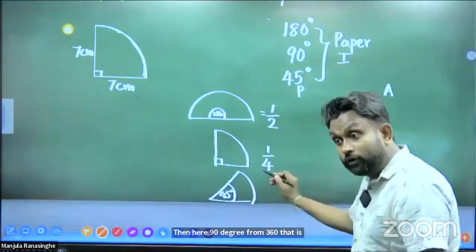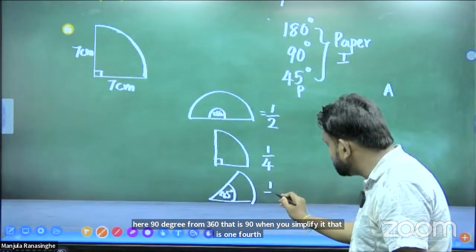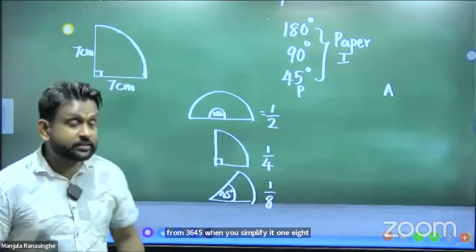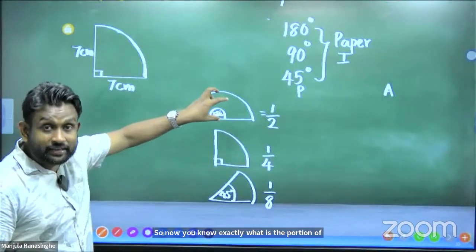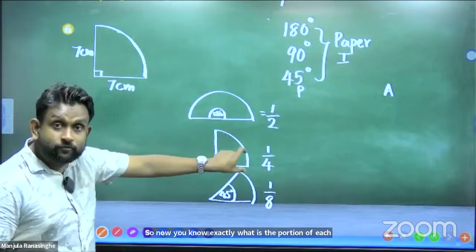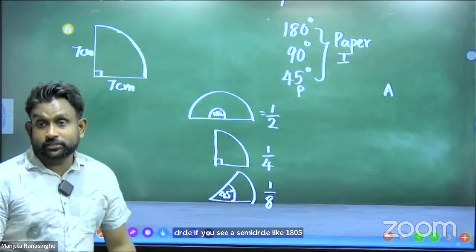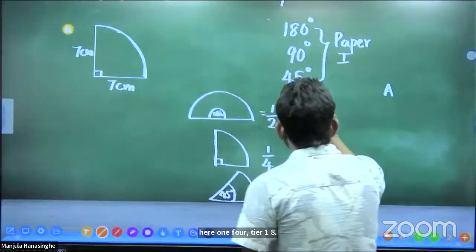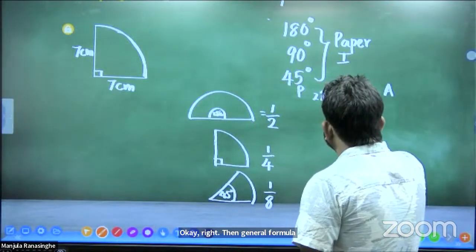From 360, 45 simplifies to 1/8. So now you know the portion of each circle: semicircle is half, here 1/4, here 1/8.